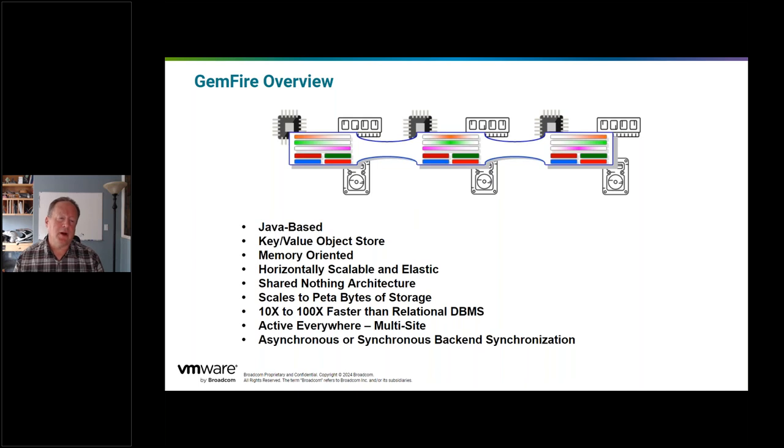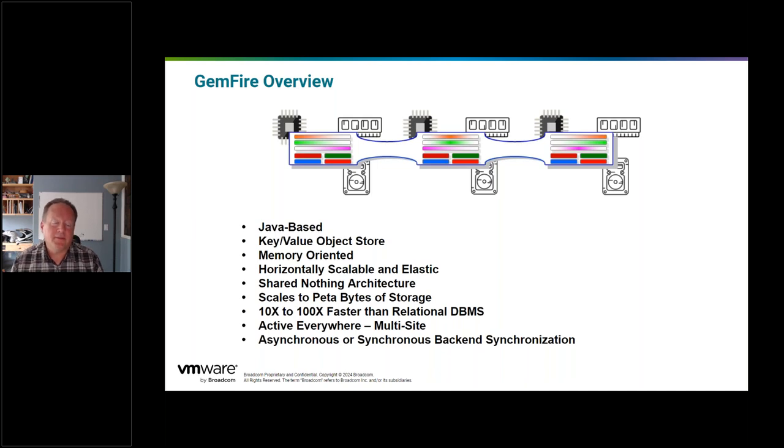One of the major architectural decisions on GemFire is that it's a shared nothing architecture. That just means if I need more throughput, I can just add more compute. Every compute node that I put on there is going to add more CPU, disk, and RAM. It just scales out. It's faster than most of the relational databases.